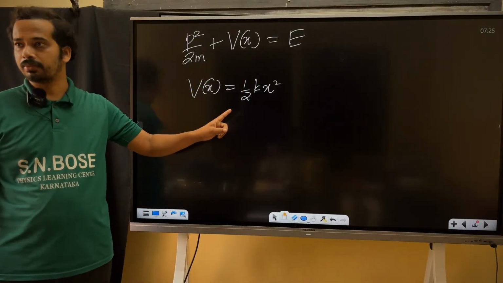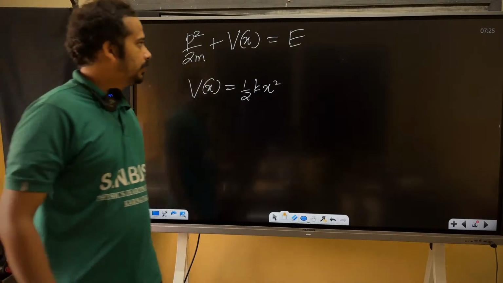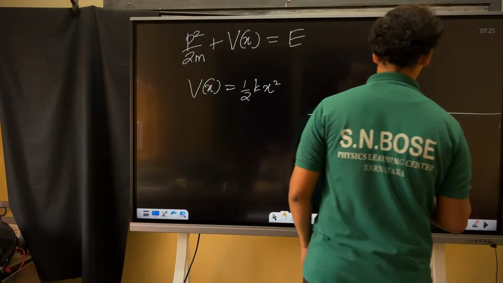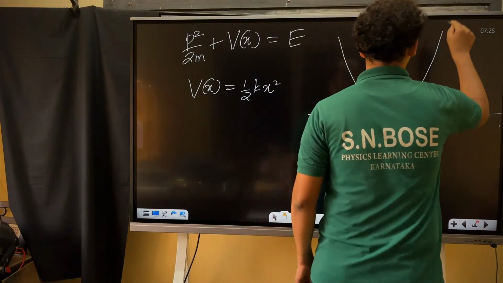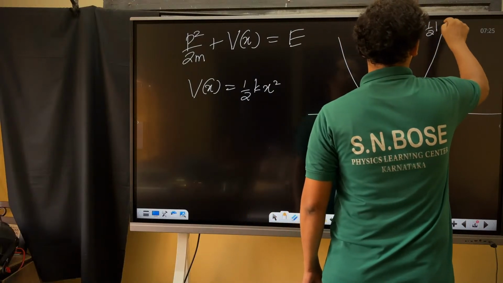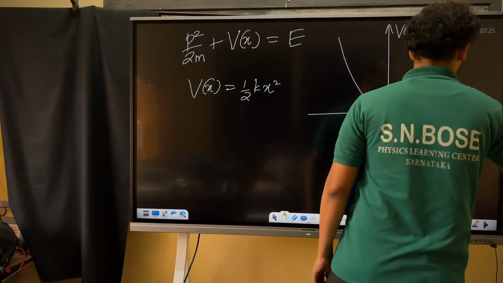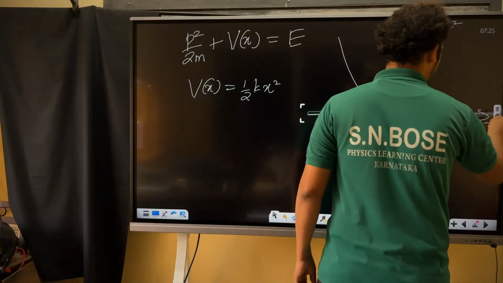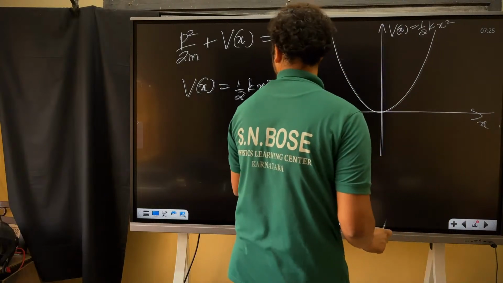Not only in this problem, in any other problem. Suppose I draw this half kx squared curve here. V of x is equal to half kx squared. Now I'm going to decide some energy. Our system will have some energy E, isn't it?